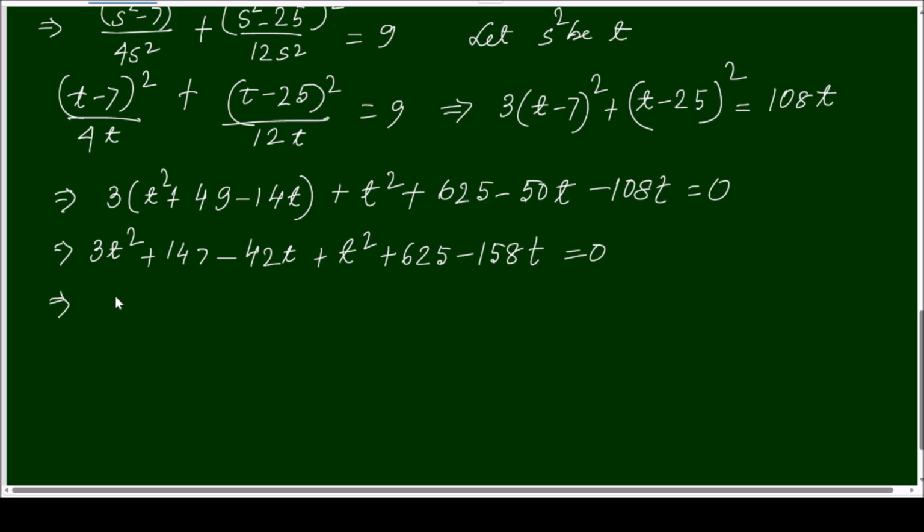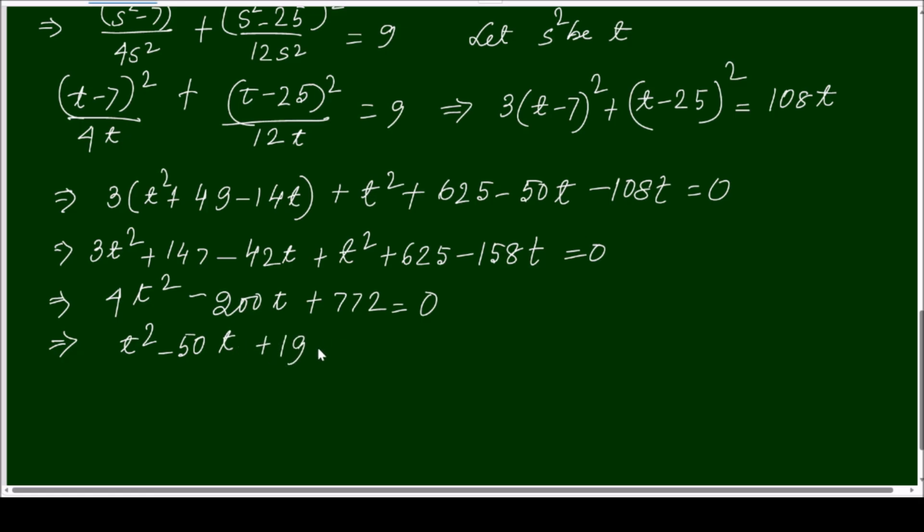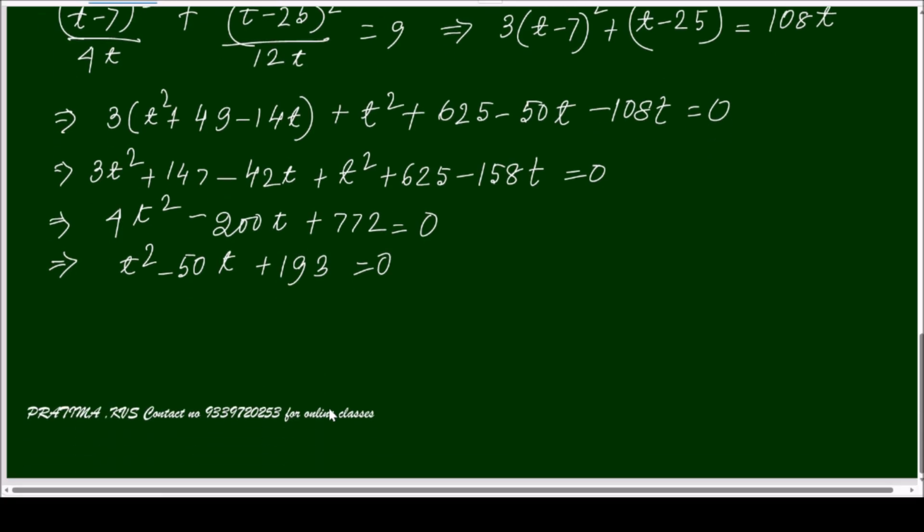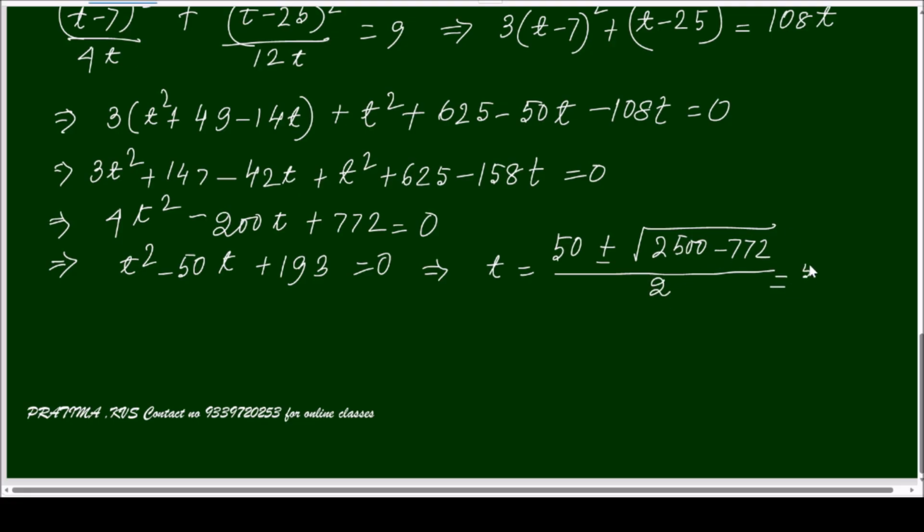Once you understand, you can write yourself: 4t square minus 92t plus 664 is 0, or this can be t square minus 50t plus 193 equals 0, and from this we'll get t equals 50 plus minus square root of 2500 minus 772, whole over 2. This equals 50 plus minus 24 root 3 by 2, or t equals 25 plus minus 12 root 3.